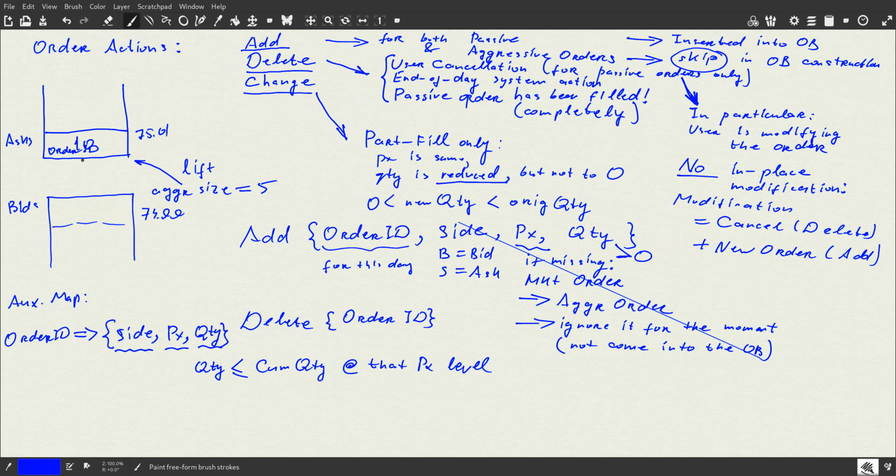That's for delete. For change, change happens and you receive an order ID. And what are the other parameters you receive with the change? Only new quantity, correct?